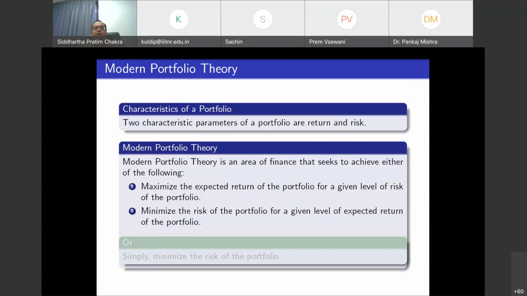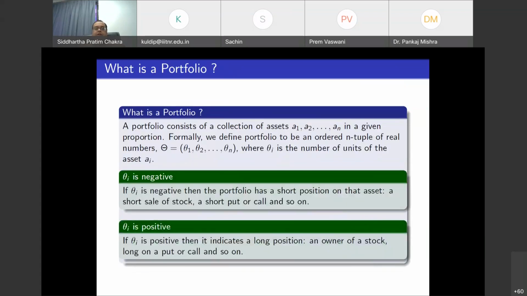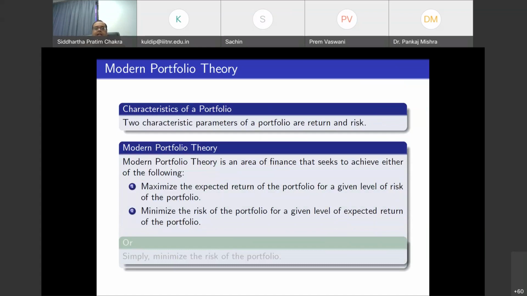Now, let us come to modern portfolio theory. What are the characteristics of a portfolio? At the end of the day, the driver of a portfolio involves two characteristic parameters: one is the return, and the other is the risk.